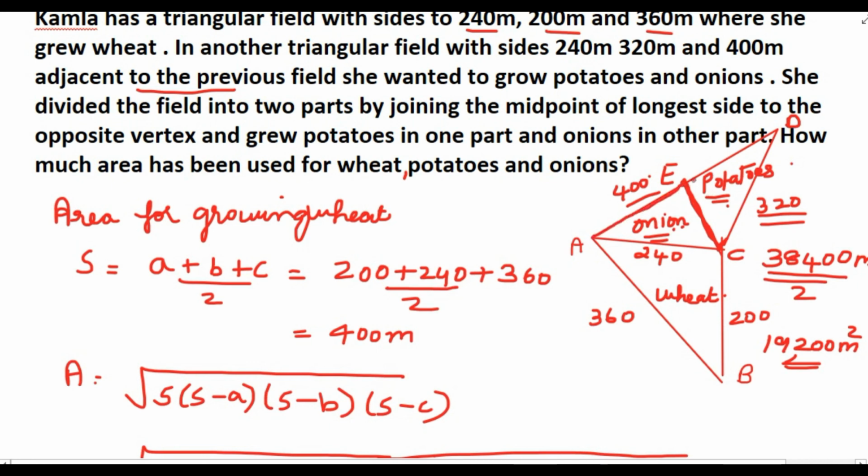AE is the same as ED because E is the midpoint. So these two triangles have the same base and the height of the triangles is also the same. So the area of a triangle is half base into height. So these two triangles have the same area, that is why I have divided by 2.